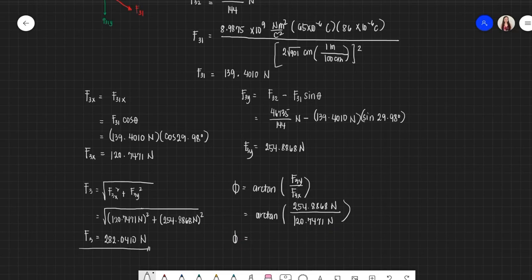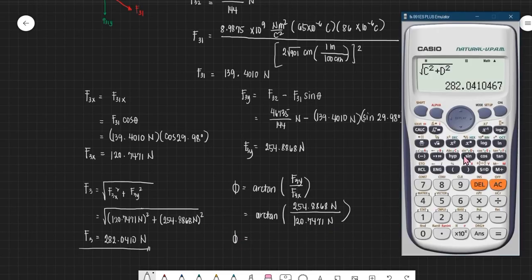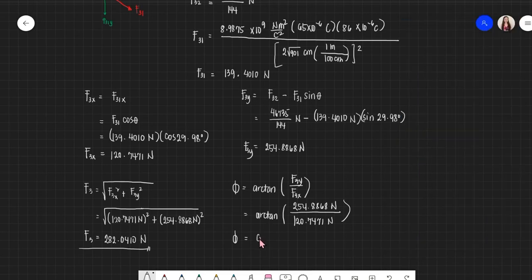So our angle, arctan of D over C, is 64.65 degrees.